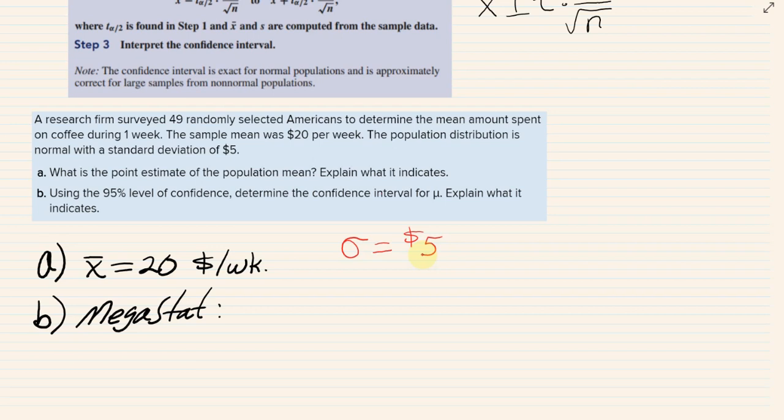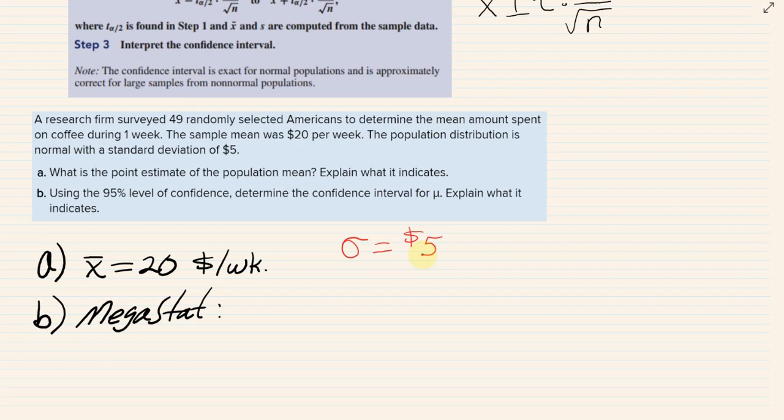In this case, $20 a week is our best guess at how much the true average spending on coffee during 1 week is, for Americans. This is for Americans, not, let's say, for Russians or for Chinese or whatever nationality.